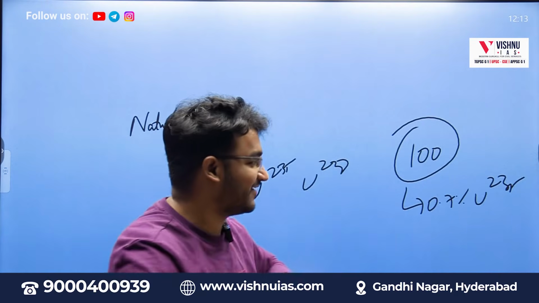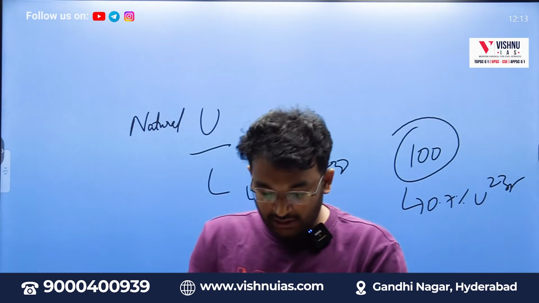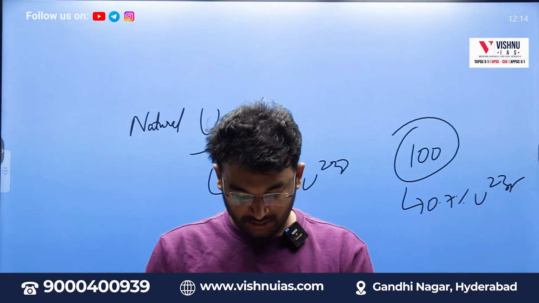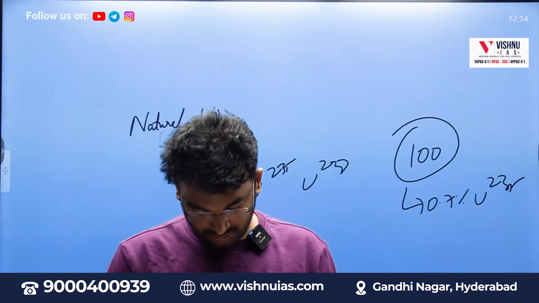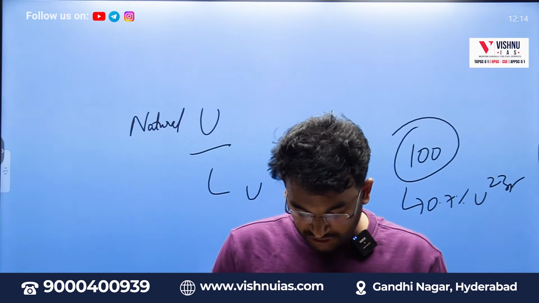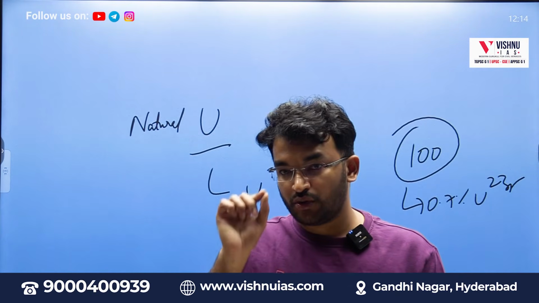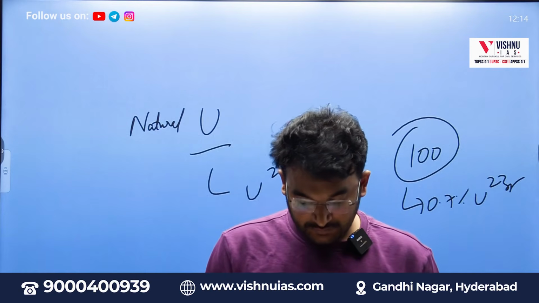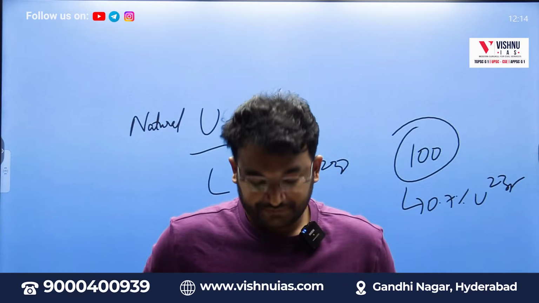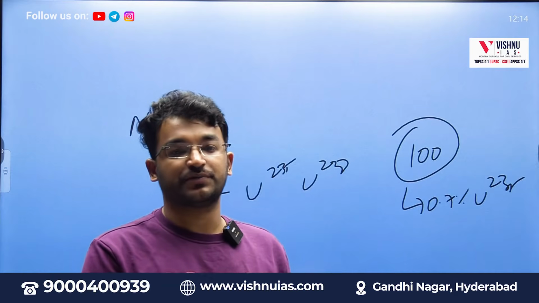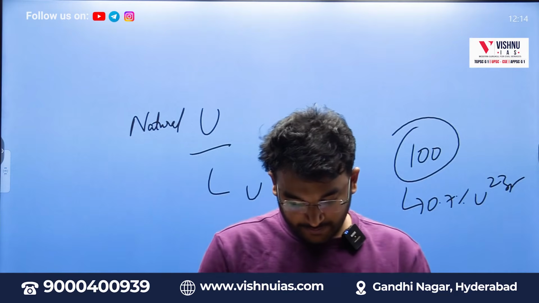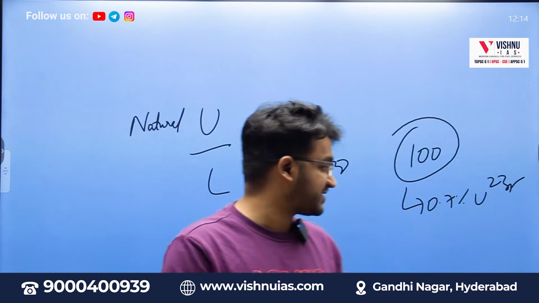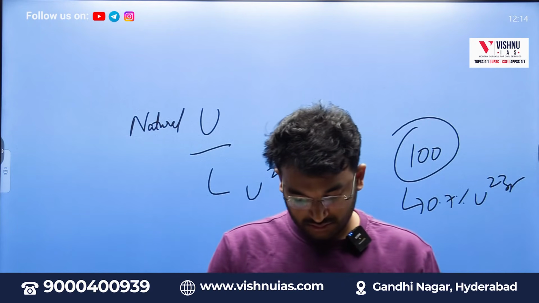First point: Enrichment is a process of increasing the proportion of U-235 isotope in uranium to make it suitable for use in nuclear reactors or weapons. Full stop.